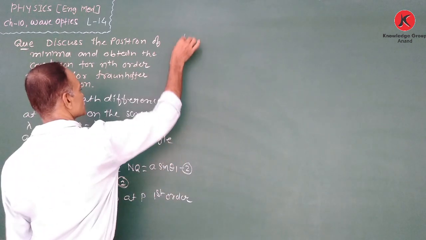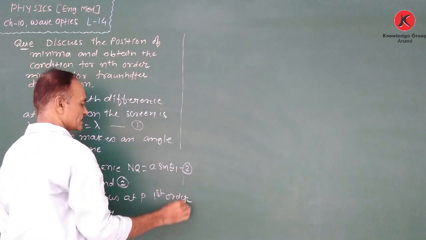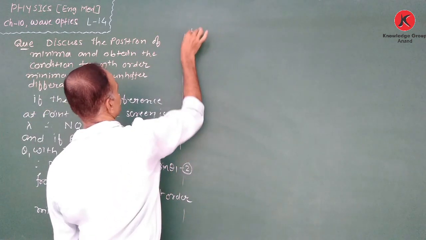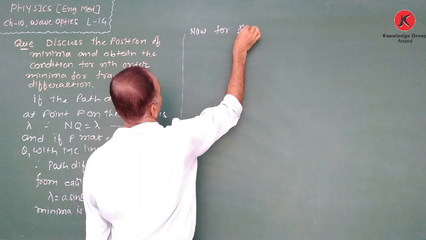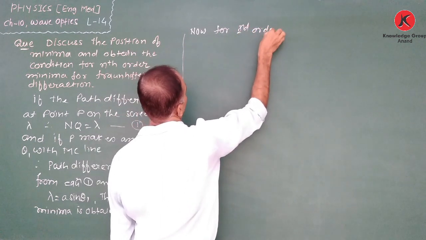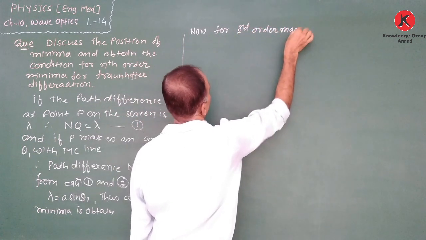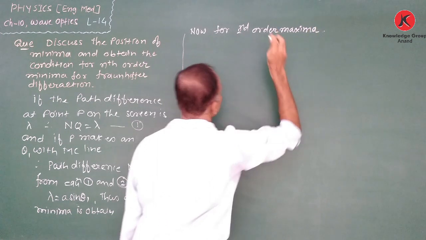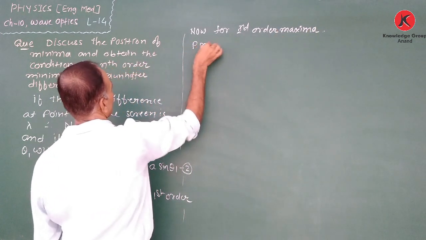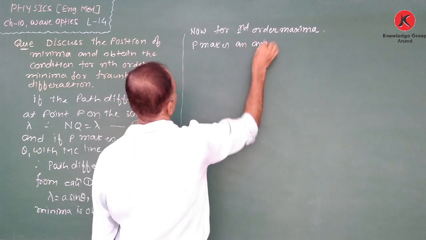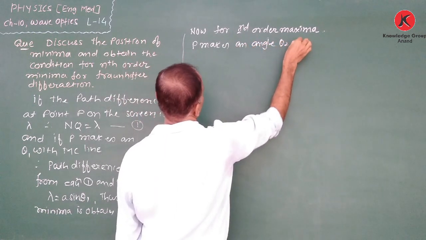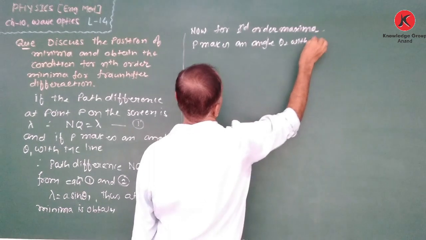Now, condition for second order minima. For second order minima, P makes an angle theta 2 with the MC line.